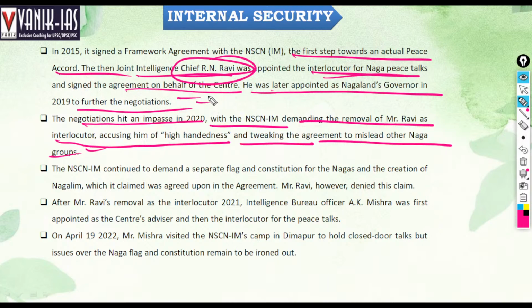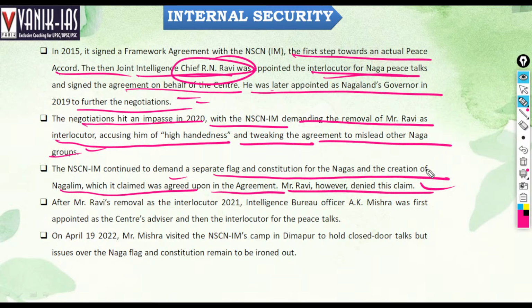NSCN-IM continued to demand a separate flag and constitution for the Nagas and the creation of Nagalim. It claimed that this was agreed upon in the agreement. Mr. Ravi, however, denied that claim. Right? Mr. Ravi said that there will be no separate flag or constitution for Nagaland.